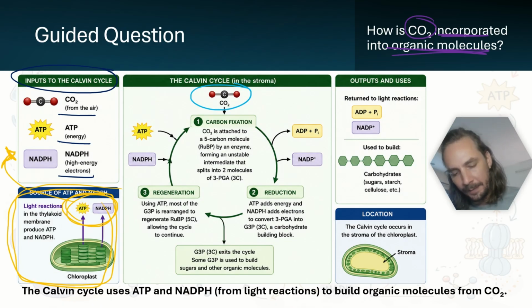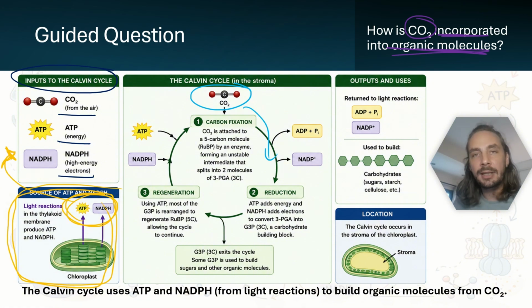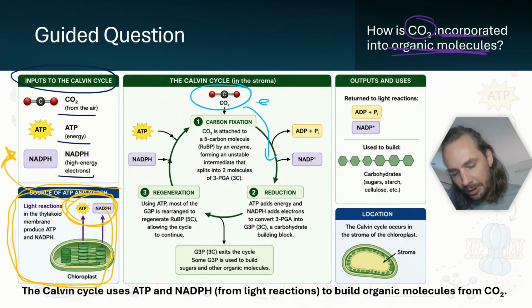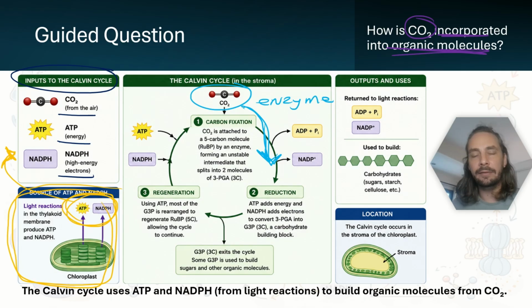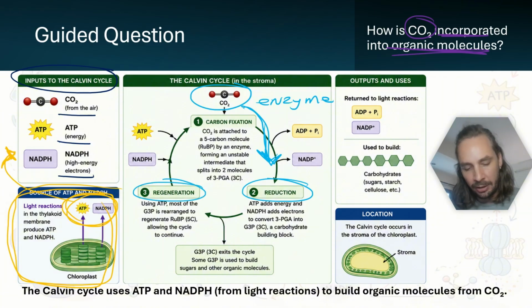Carbon dioxide is fixated into the Calvin cycle with a carbon fixing enzyme. So there is an enzyme that takes this carbon dioxide and adds it to the Calvin cycle. We will have reduction in the Calvin cycle and then also regeneration of the starting molecule.